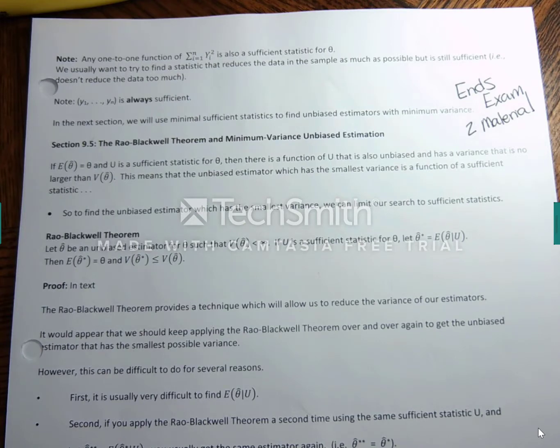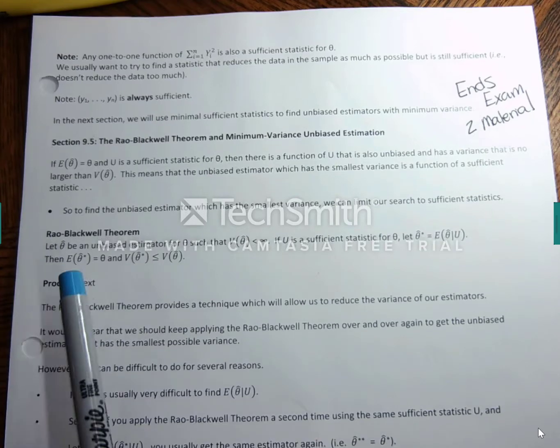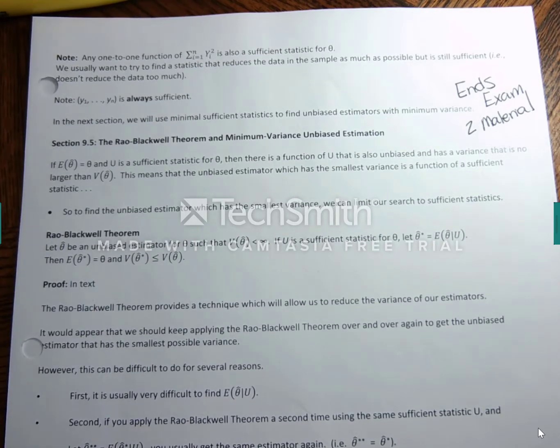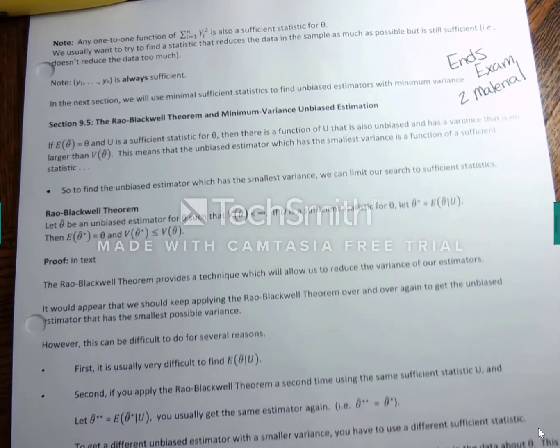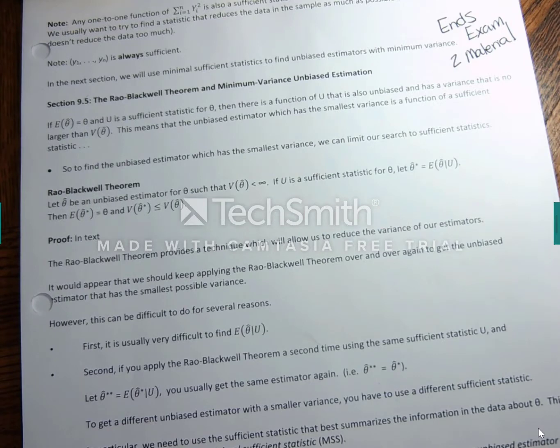And what that tells us is that the expected value of theta hat star is going to be equal to theta, and the variance of theta hat star will be less than or equal to the variance of theta. So what the Rao-Blackwell theorem is doing for us is giving us a technique which is going to allow us to reduce the variance of our current estimators.